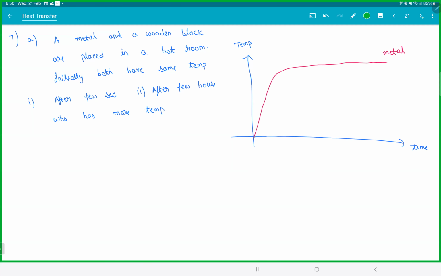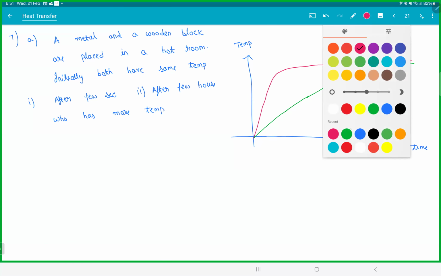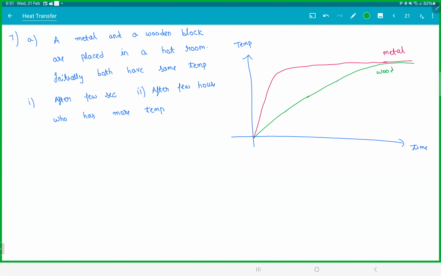So what will happen to the wood? It will rise slowly. Eventually, if you leave it for hours, both will have same temperature, isn't it? Because of equilibrium, eventually wood and the surrounding should have same temperature. Don't burn the wood. So first one's answer will be metal. After long time, both will have same. Is that making sense?